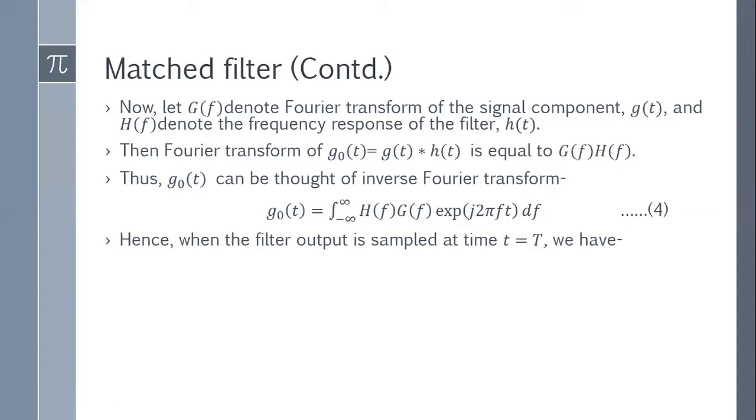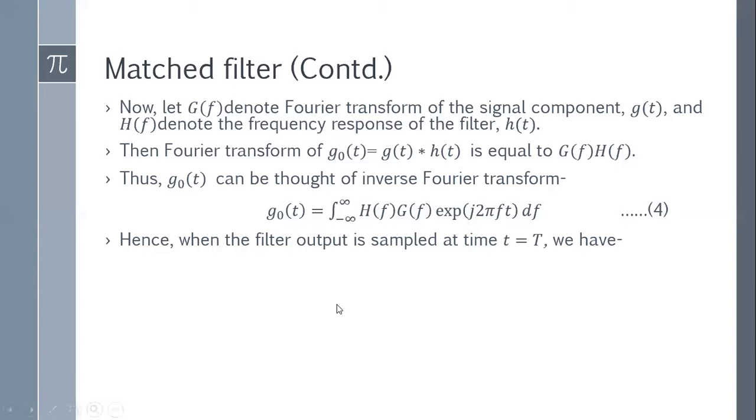Now see what I am doing: I am sampling the output of the matched filter. The output of the matched filter is y(t). I am sampling that output at a sample rate of T. So I will simply replace this small t with capital T, because I am taking each pulse at a time.